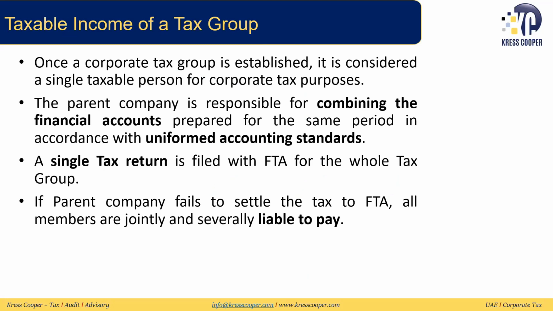They should be following the same accounting standard, which is also one of the conditions. A single tax return is going to be filed now for the whole group, since it is treated as one single entity by the FTA. And if the parent company fails to settle this liability to the FTA, all the members are jointly liable for this. This liability can be restricted between some members, but that needs to be approved by the FTA.